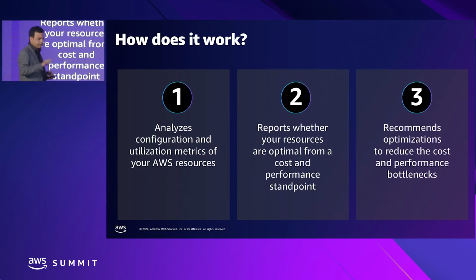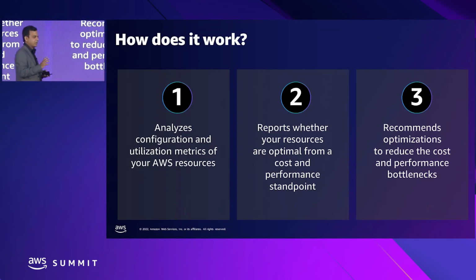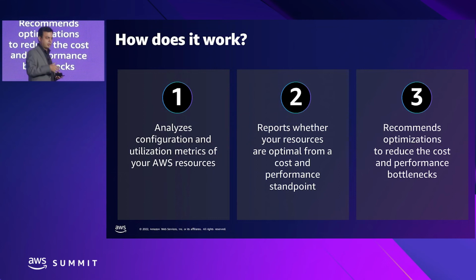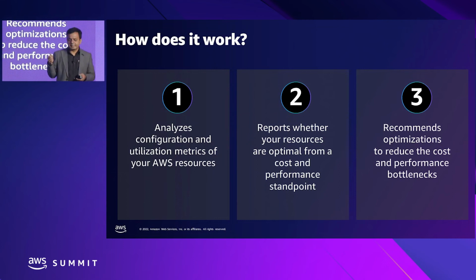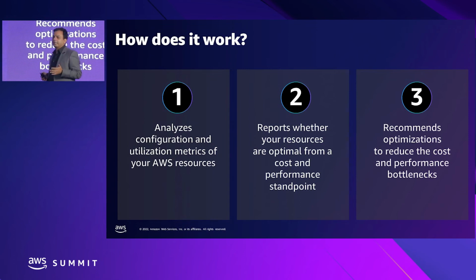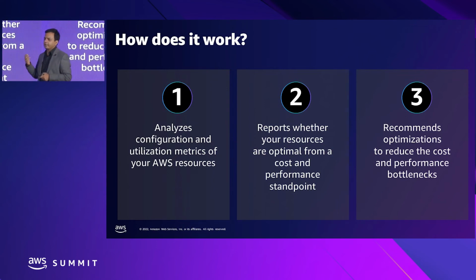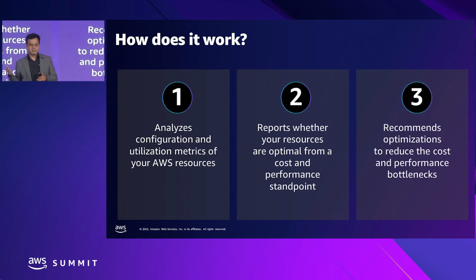So how does it work? The cost optimizer, especially the compute optimizer part that I'll talk about, has an ARR kind of approach. By default, at no additional cost, it analyzes your 14 days of utilization data, and based on the analysis, it creates a report saying this is your current utilization, and then it gives recommendations.